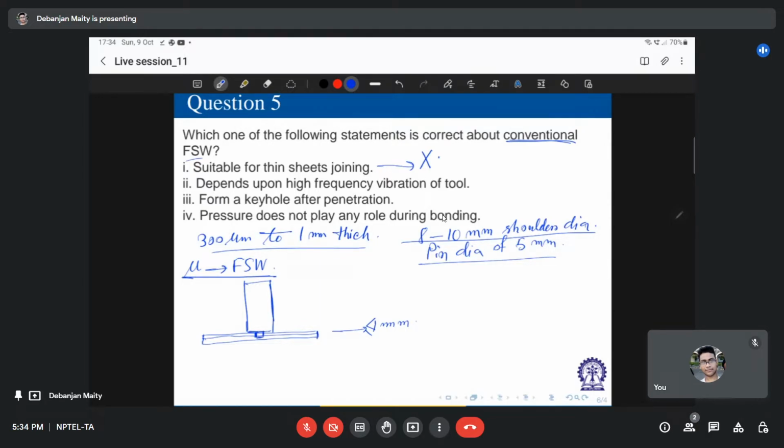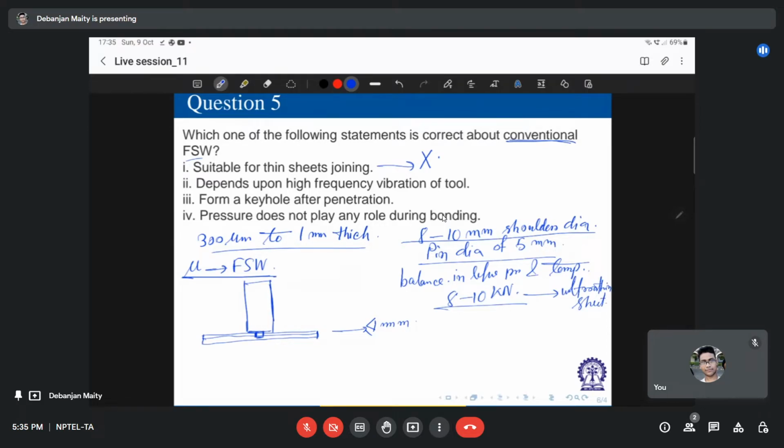So basically, what happens in micro friction stir welding, you have to balance between pressure and temperature. If the axial load of the tool is very high, let's say it can generate maybe 8 to 10 kilonewton, and your sheets are ultra thin, what will happen?